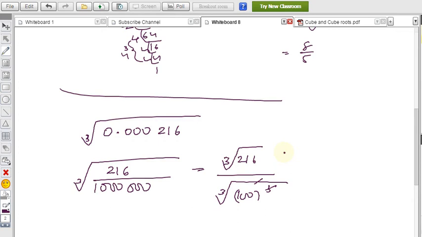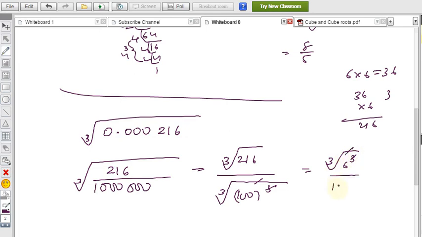We can take the same value. 216: 6 into 6 is 36, again 36 into 6, 6 cube. Cube will get cancelled. This is already 100, so 6 by 100, that is 0.06. Okay, after the point 2 digits, 0.06.